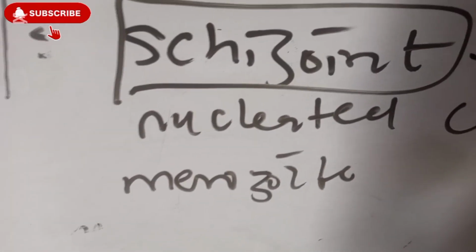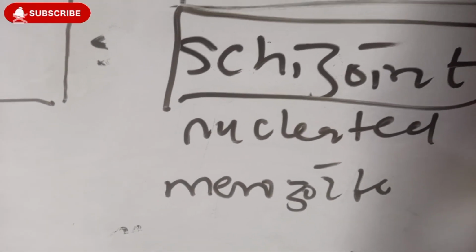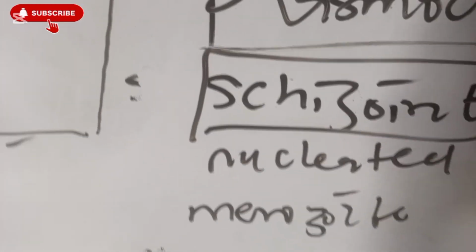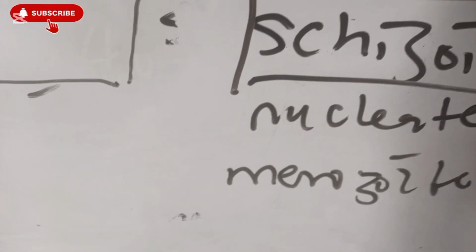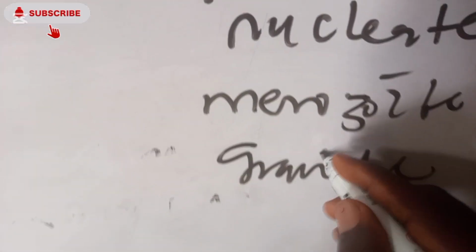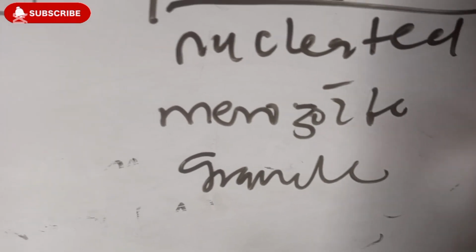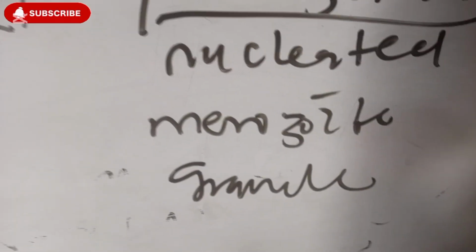This constant dividing, from the merozoite to the trophozoite to the schizoid, and from the schizoid to the merozoite to the trophozoite again, means they keep on releasing granules of waste products and toxic collects, which make us have this fever, which reoccurs at irregular intervals.